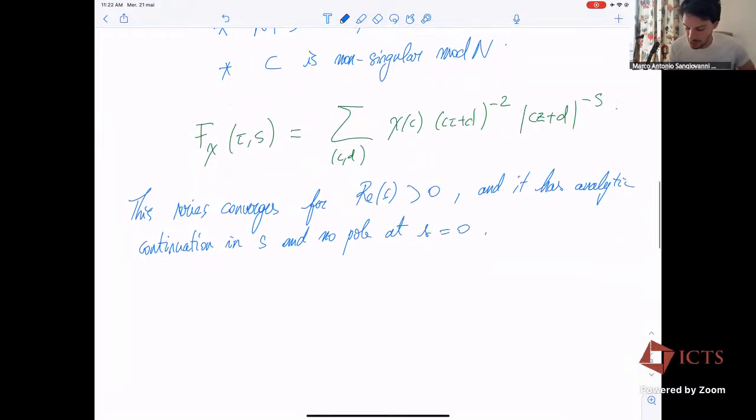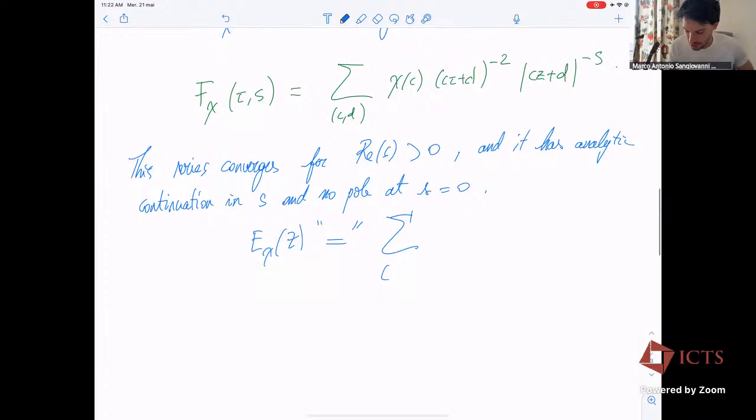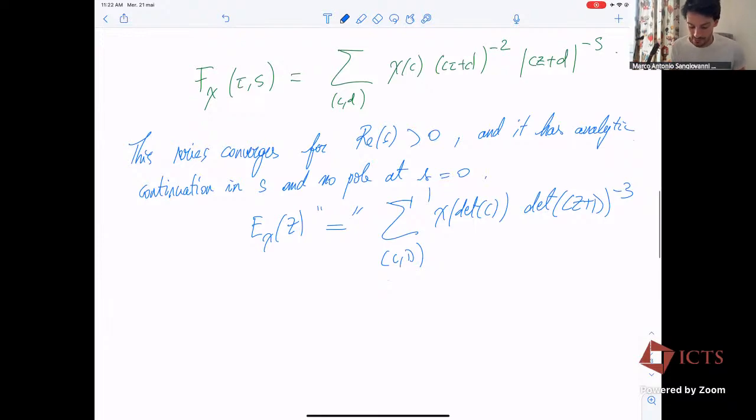So you can define by Hecke summation E_chi(Z) as a non-absolutely convergent series, which I will write down as the sum of chi(det C) times det(CZ + D) to the minus 3. So this is my Siegel-Eisenstein series that I will be interested in.